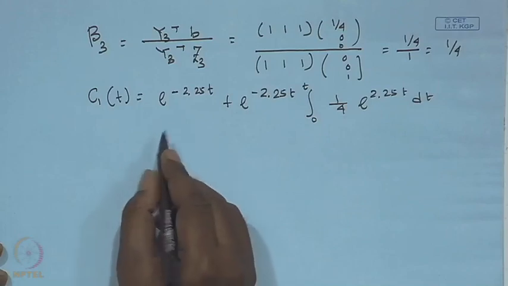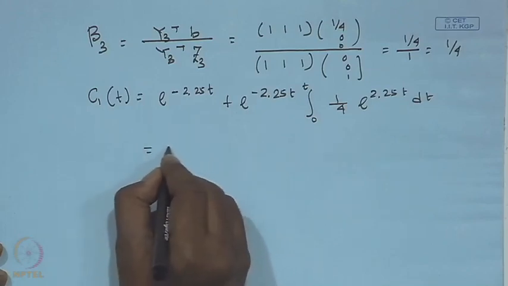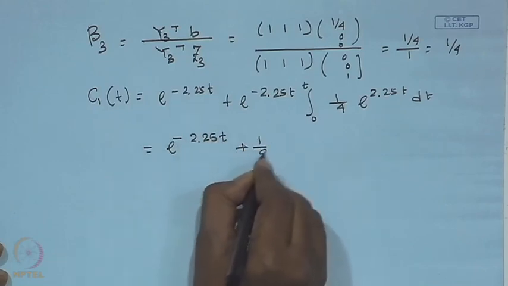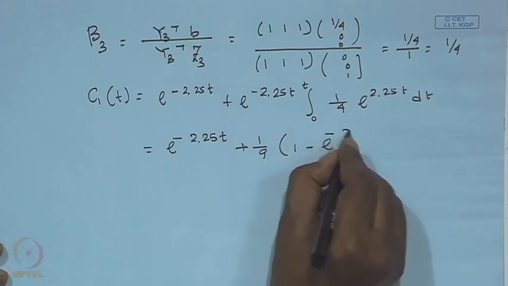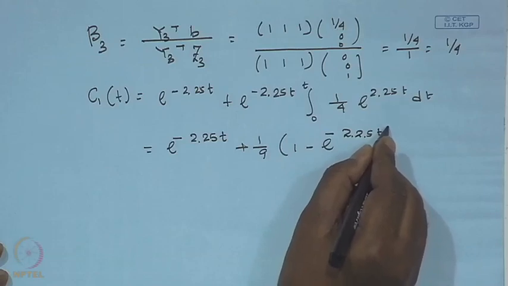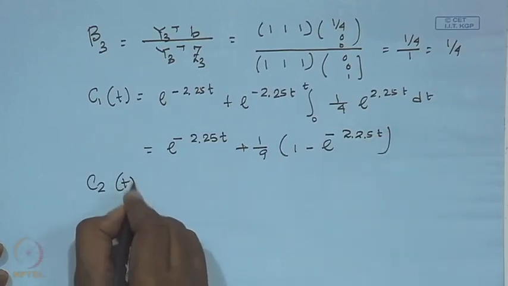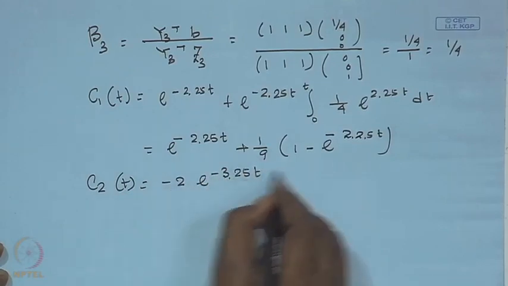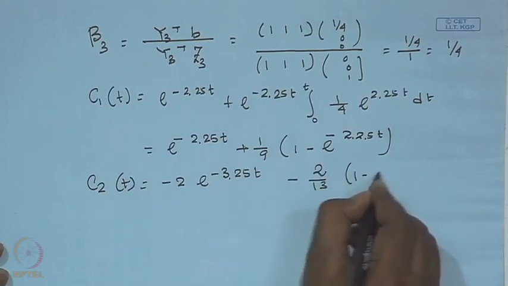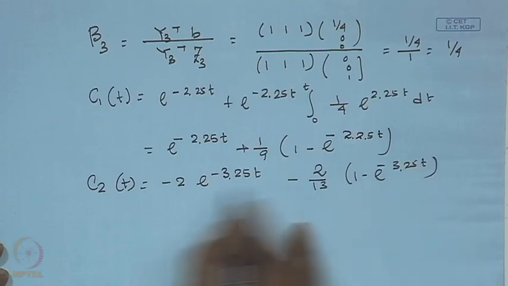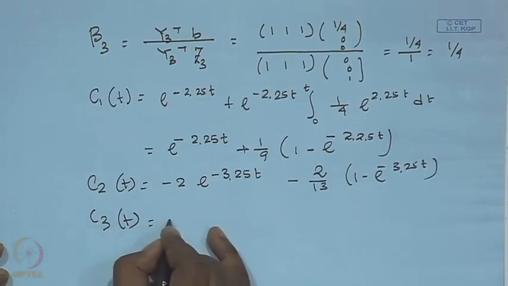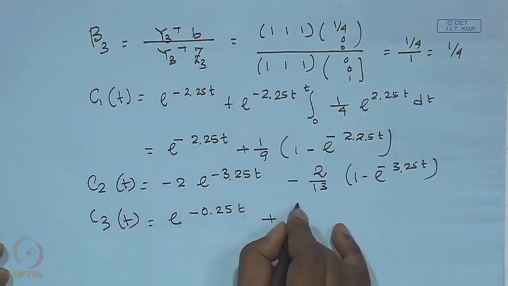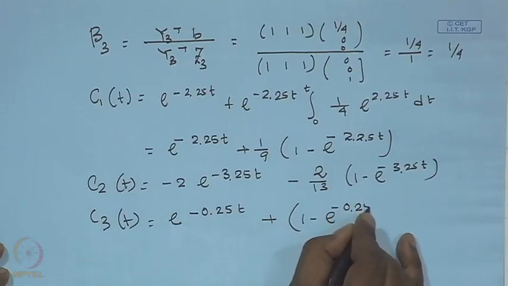So, ultimately, after carrying out the integration, the solution becomes e to the power minus 2.25 t plus 1 by 9 (1 minus e to the power minus 2.25 t), and you will be getting C 2 t as minus 2 e to the power minus 3.25 t minus 2 by 13 (1 minus e to the power minus 3.25 t), and C 3 t will be e to the power minus 0.25 t plus 1 minus e to the power minus 0.25 t.